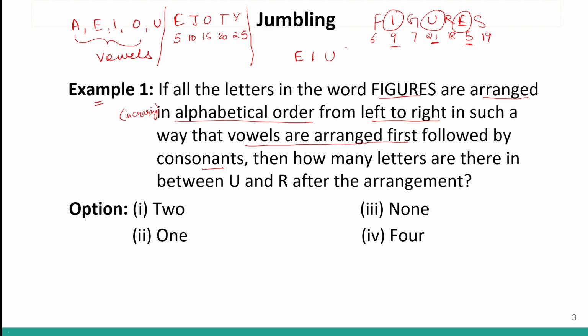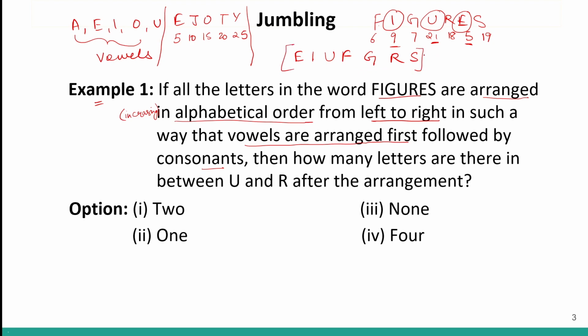So if I arrange consonants, it will be F, G, R and then S. So first I arranged the vowels in alphabetical order. Then I arranged the consonants in alphabetical order. This was asked in the question. Now, after arrangement, the word I got is this one.